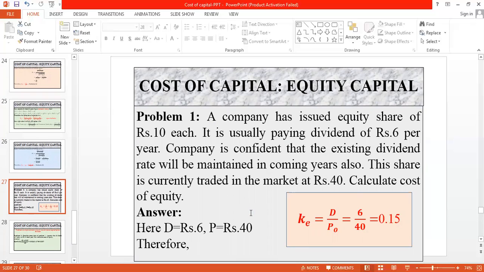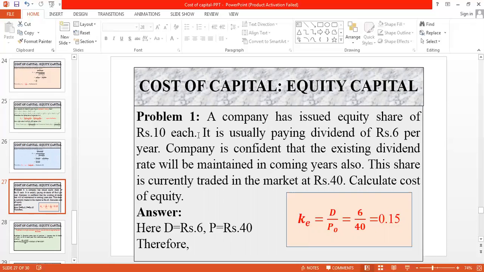Let us look at problem number 1. It is based on the constant dividend model. That means formula number 1. Here the company has issued equity shares of rupees 10 each. Means the nominal value of the share is 10. It is usually paying dividend of rupees 6 per year.